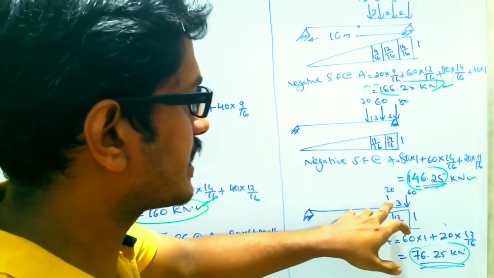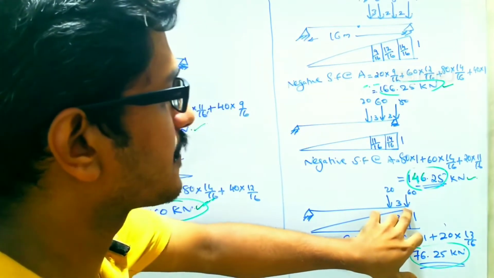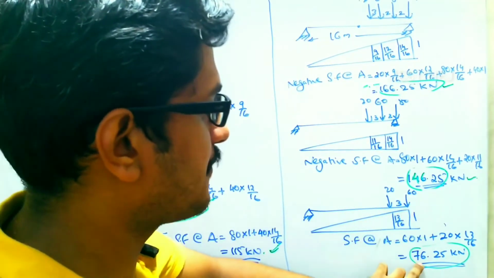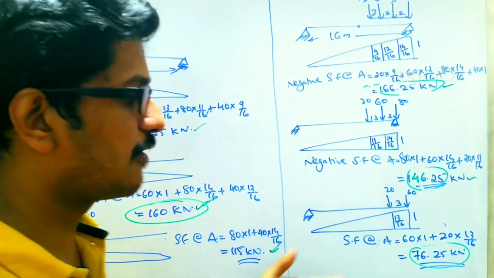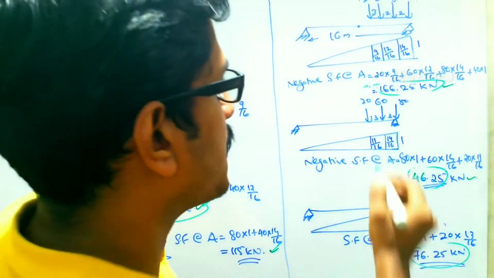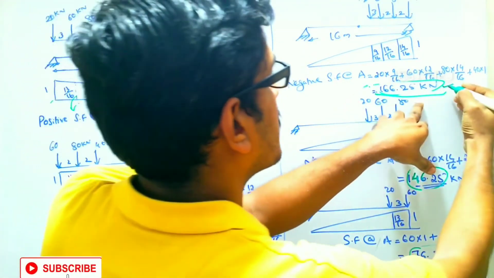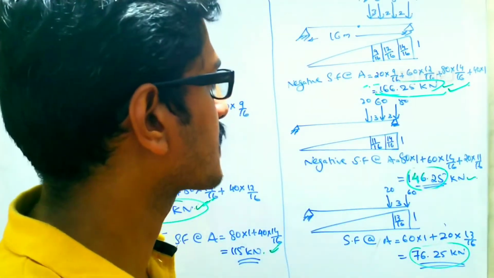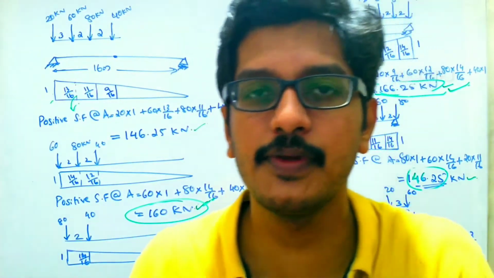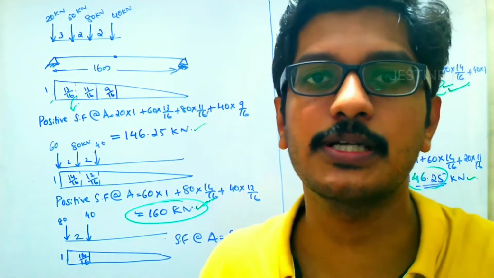Then you can consider the third case, that is, the 60 kilonewton placed over the support B. Then you will get 76.25. Then you can also apply the last case, and the value will again decrease. So in this case, the maximum negative shear force value is going to be 166.25 kilonewton.